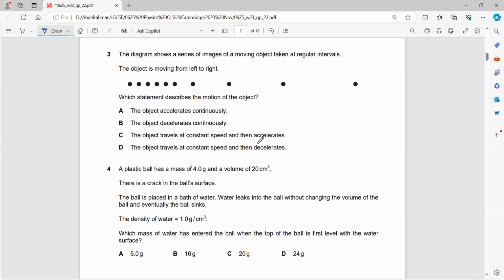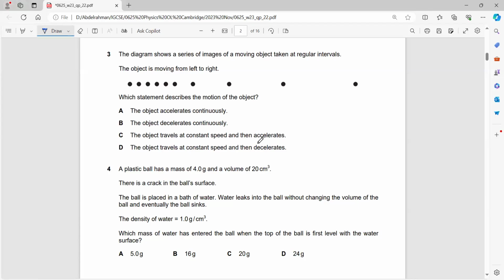The diagram shows a series of images of a moving object taken at regular intervals. The object is moving from left to right. Which statement describes the motion of the object? What's happening? It was at a constant speed and then it accelerated.